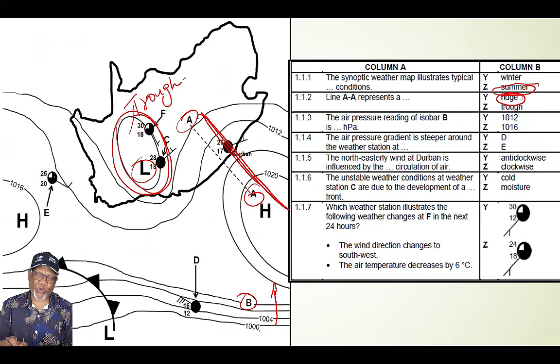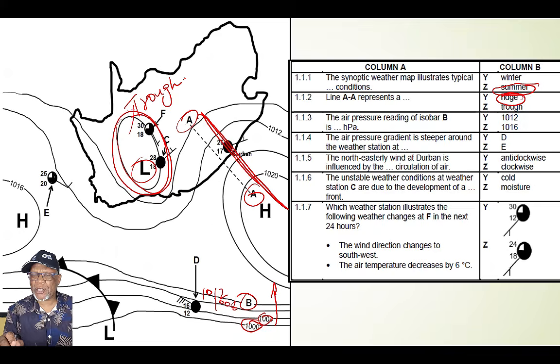What is the difference from one isobar to another? Our isobaric interval here is 4. So here we have 1000, here we have 1004, which means the next one will be 1008, and this one will be 1012, because we are looking at the isobaric interval of 4 millibars or 4 hectopascals.